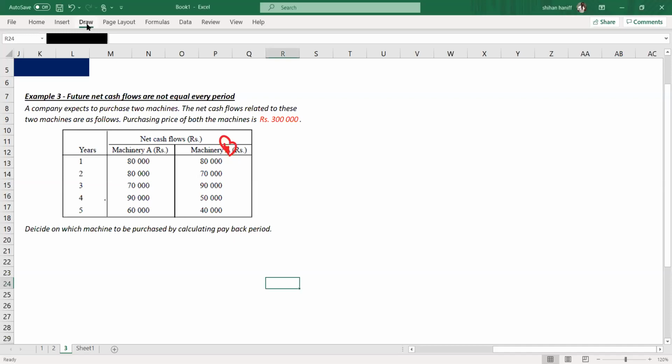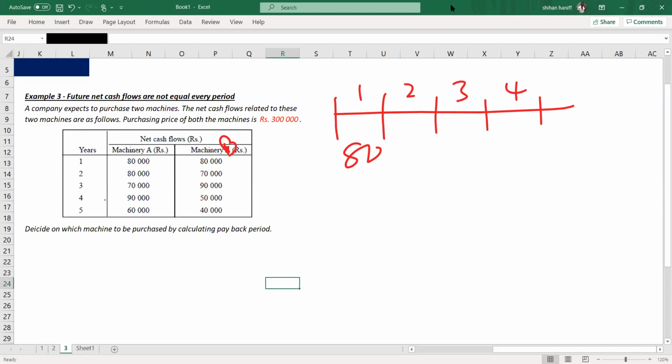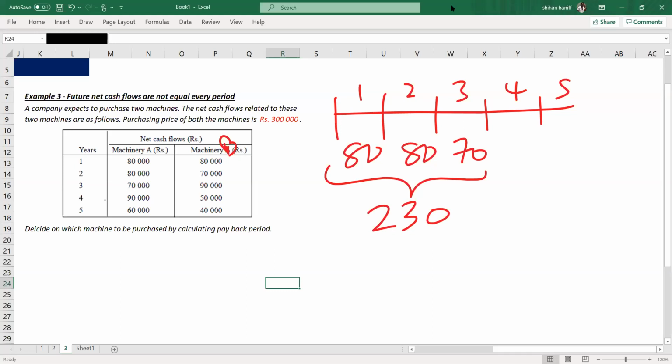So for the first machine, we should take the timeline. First year it's 80. Second year 80. Third year 70. So 80, 80, 160. 160 plus 70 is 230, accumulated.